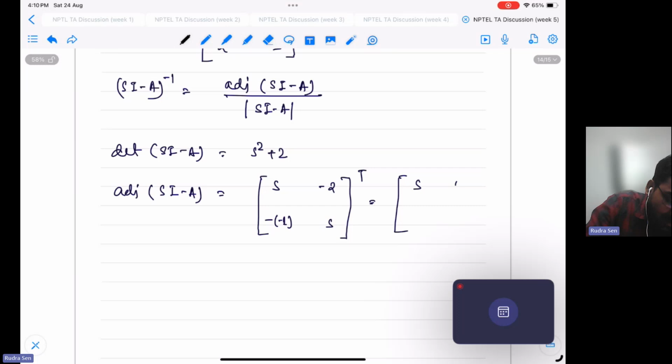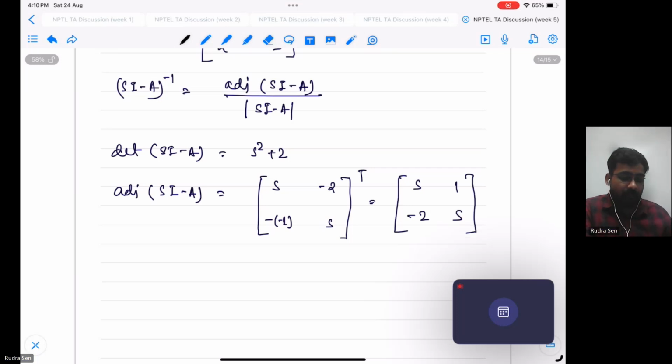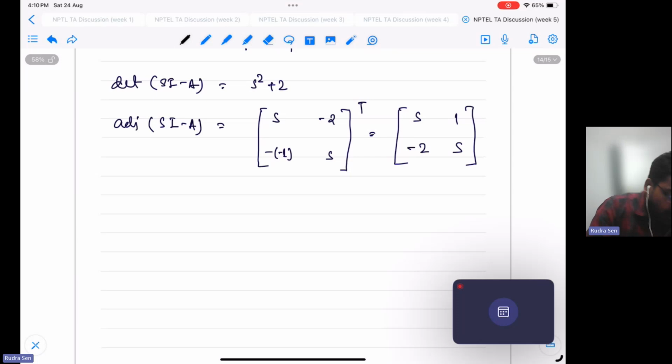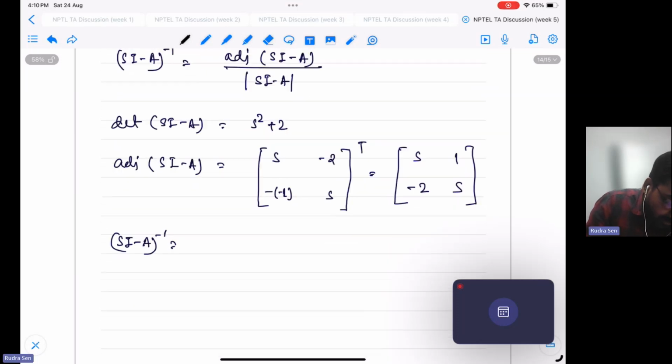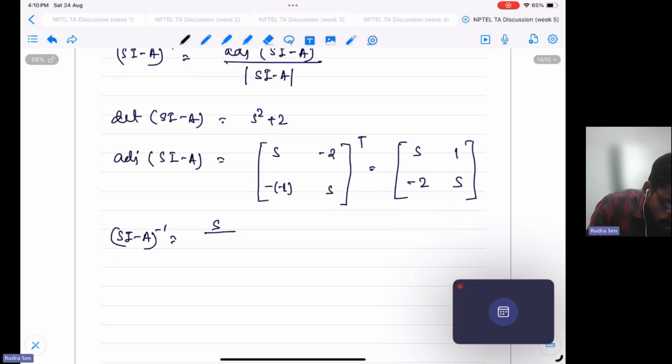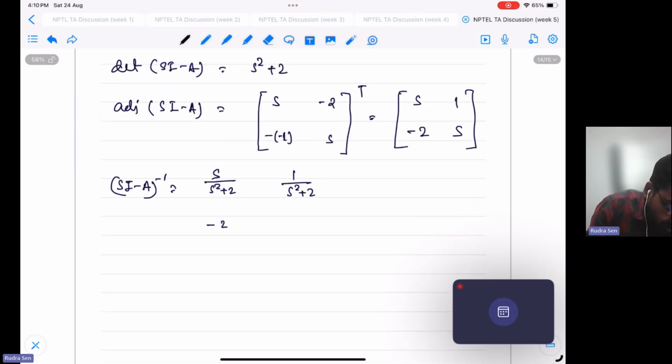So what we get is s, 1, minus 2, s. This is the adjoint. So (sI minus A) inverse is s divided by s square plus 2, 1 divided by s square plus 2, minus 2 divided by s square plus 2, and s divided by s square plus 2.